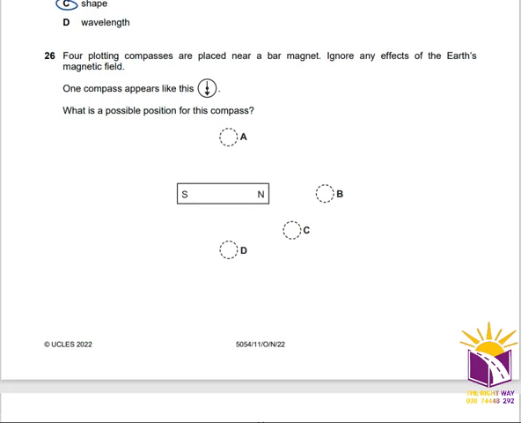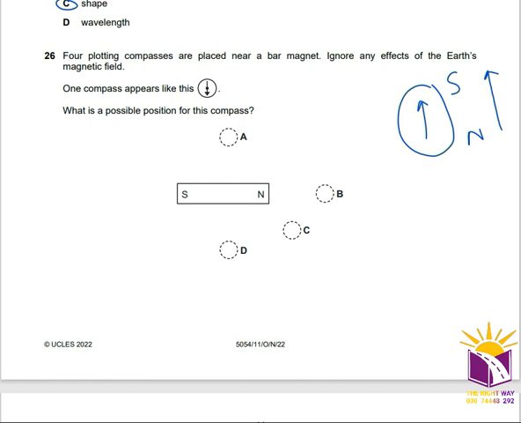Four plotting compasses are placed near a big magnet. Ignore any effect of the Earth's magnetic field. One compass appears like this. Which is a possible position for this compass? In our compass, the arrowhead is toward south and the tail is toward north, because the direction of the magnetic field is from north to south.